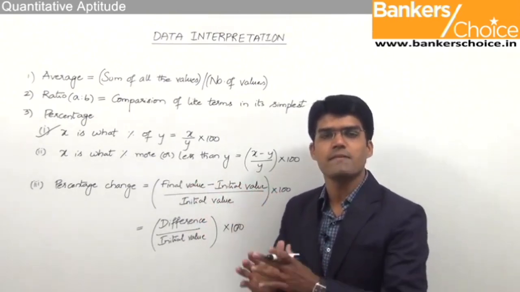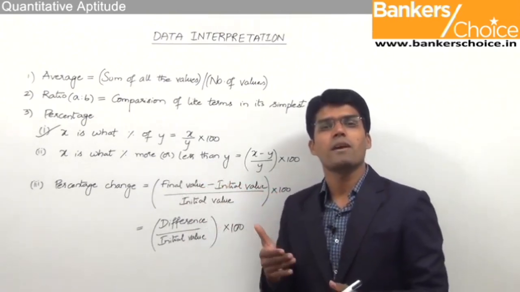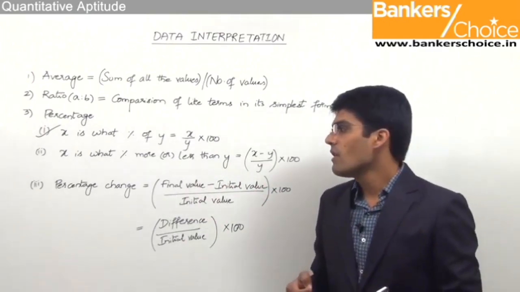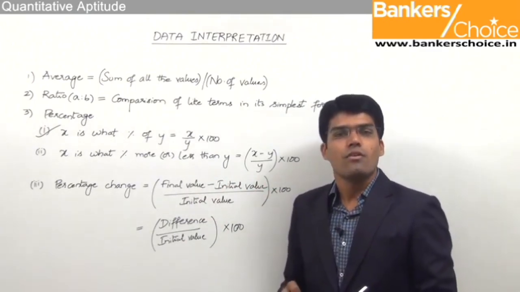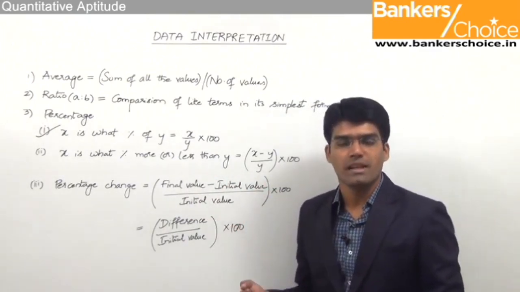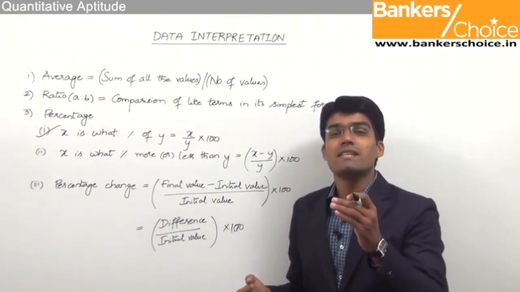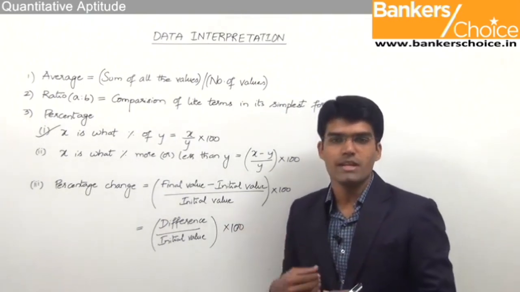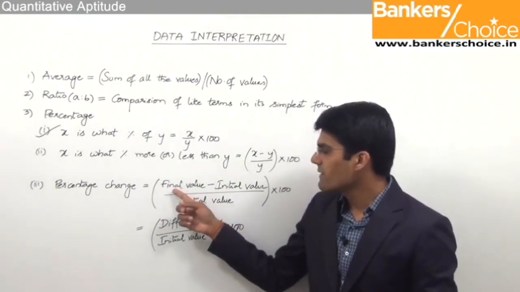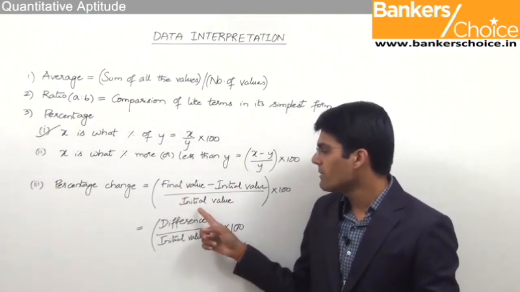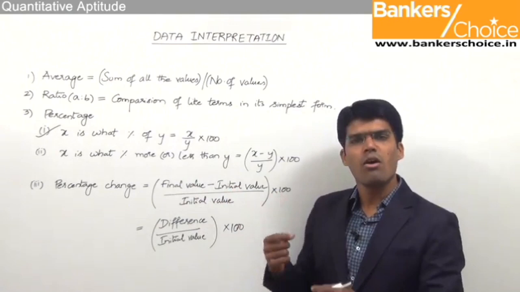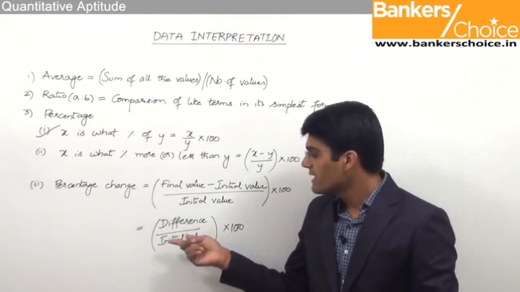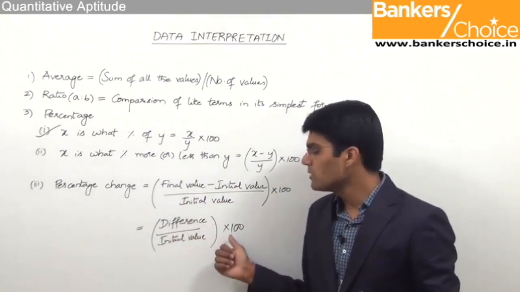For example, let's say for the given data, that is profit of a company for the given years, the question is: what is the percentage change from 2001 to 2007? As you know, the initial value here would be the profit in 2001 and the final value will be the profit in 2007. So 2007 profit minus 2001 profit by 2001 profit into 100, or the difference between those two profits divided by the initial value into 100.